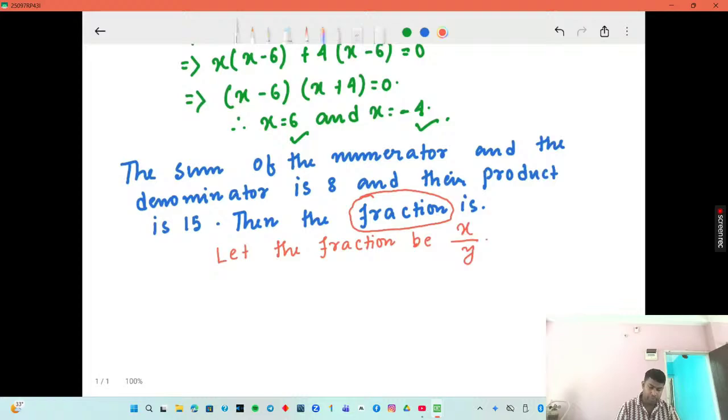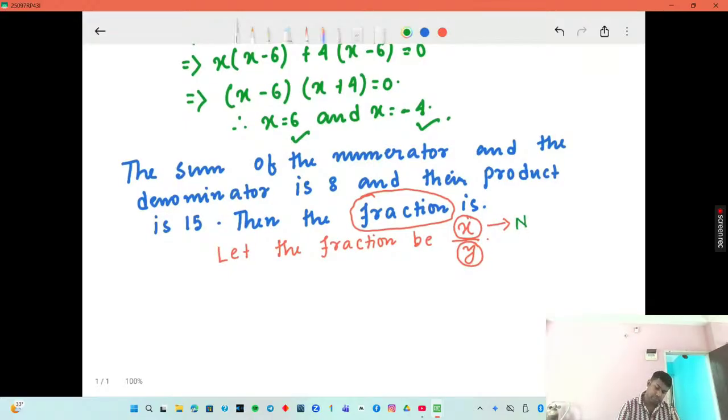the sum of the numerator and the denominator is 8. So what is numerator and denominator in a fraction? Numerator here is x and denominator here is y. A fraction has two parts, one is the upper part and another is the lower part. The upper part of the fraction is known as numerator and the lower part of the fraction is known as denominator.